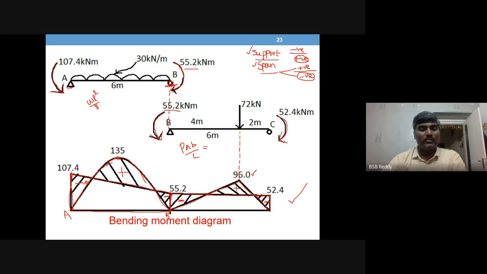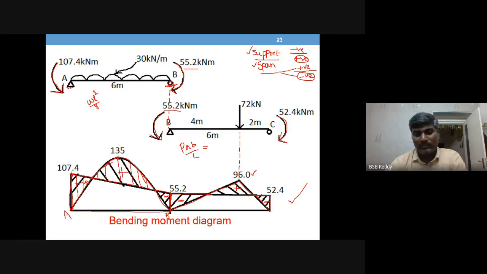Okay, so bending moment values are 107.4 at A, and they are reducing slowly, and here they are becoming 0. Then again negative values are becoming positive values, and the values are increasing. They are becoming maximum, and then they are again becoming 0.